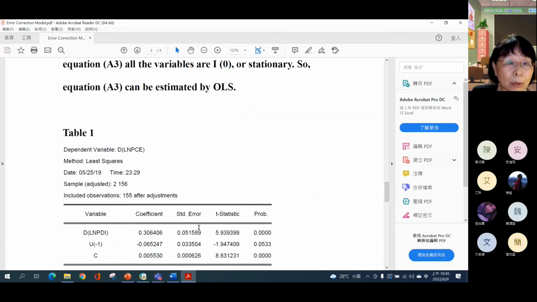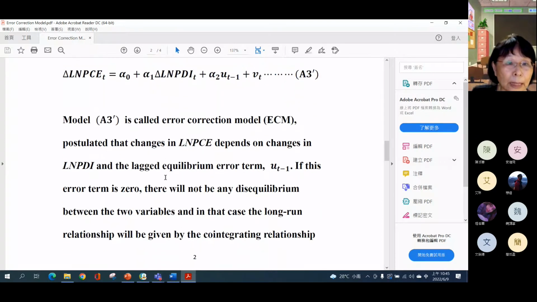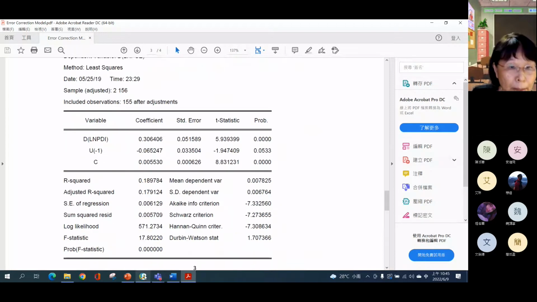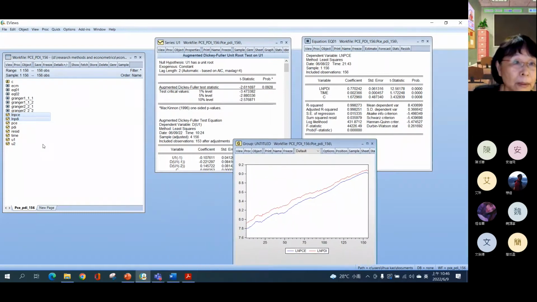So that's using the example which we ran the regression from. Okay. And I have the result from our file, but I will do that here to show you how to do it. So remember, how do we do this error correction model? We need to take the first difference of the original LMPCE, and we also need the first difference of LMPDI and get the lag of the U1.